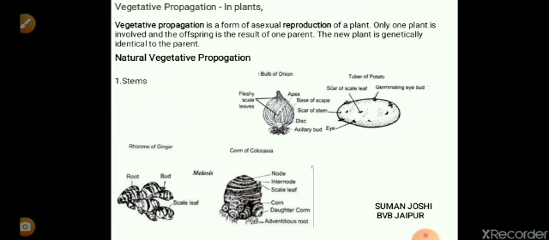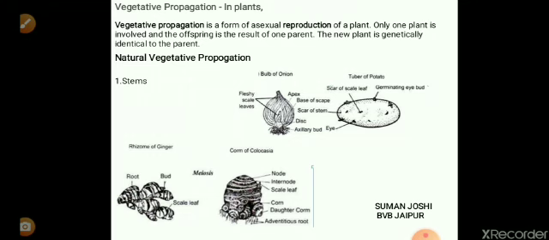So there are two types of vegetative propagation in plants, natural and artificial. The first one is natural. We'll study natural vegetative propagation, first by stem.